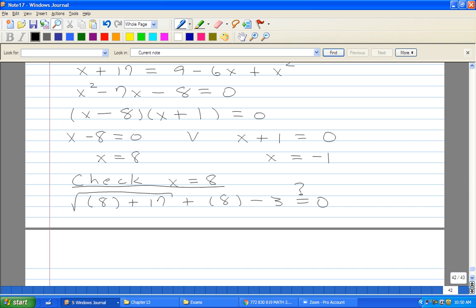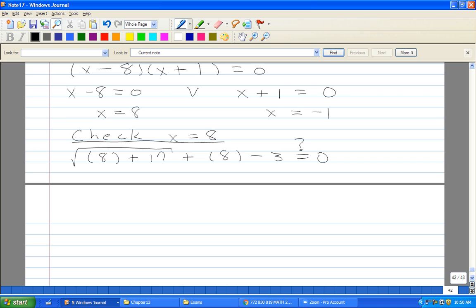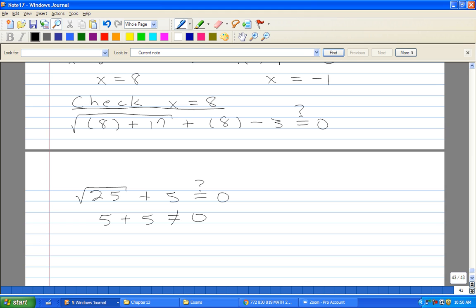Is that equal to 0? And so is the square root of 25 plus 5 equal to 0? Is 5 plus 5 equal to 0? The answer is no, but notice that if I change my sign, it would have worked.